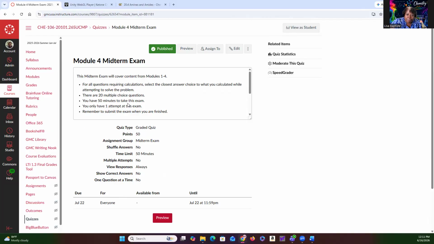So make sure that you are paying close attention to your time. You're going to work through modules 1 through 4 for this midterm. So make sure that you understand the material. I can't stress it enough for modules 1, 2, 3, and 4 before you take your midterm exam.